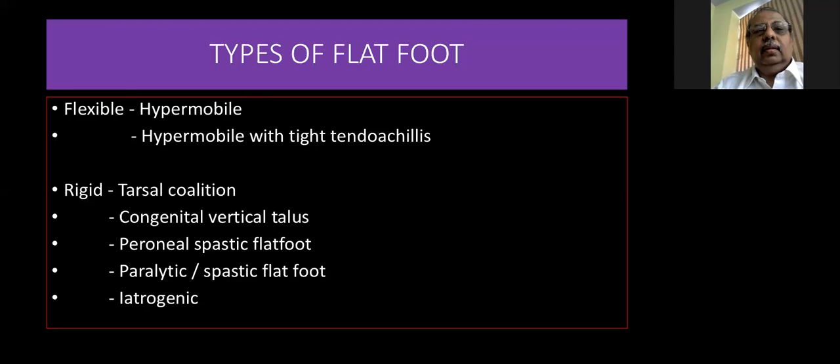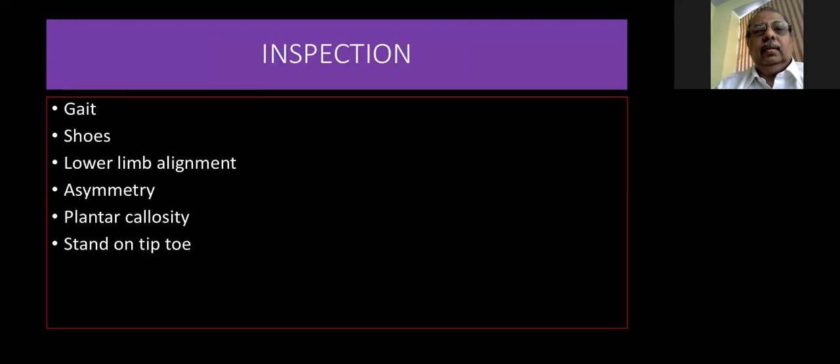Previously, we used to do extensive posteromedial release for clubfoot, and if you cut the interosseous talocalcaneal ligament, it produces valgus deformity of the heel and leads to flat foot, which is very, very difficult to treat.